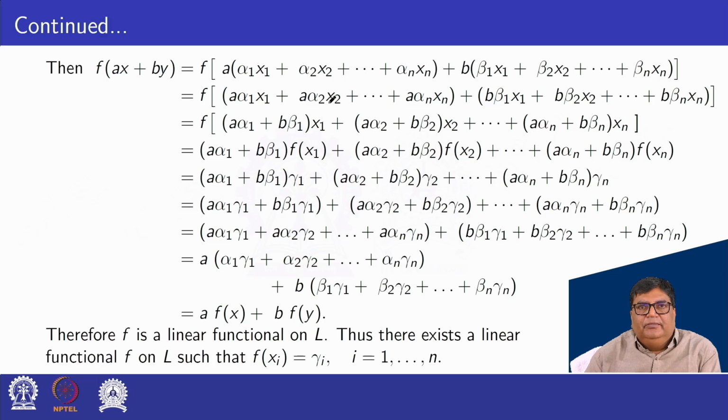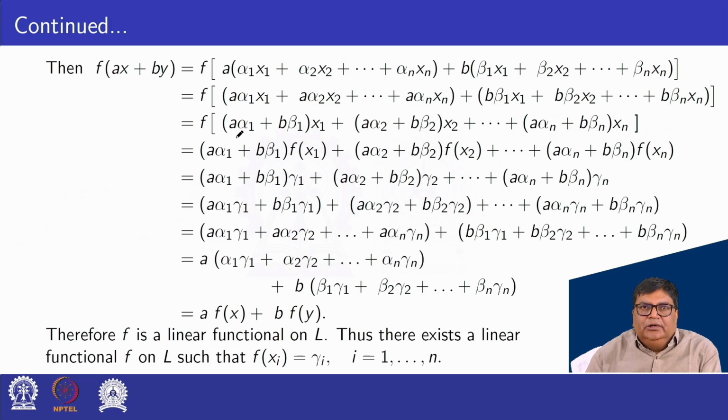Second term a alpha 2 x2, b beta 2 x2, so with common x2 we can write a alpha 2 plus b beta 2, times x2, plus and so on. Last term with common xn, this term plus this term can be written as this. So a alpha 1 plus b beta 1, a alpha 2 plus b beta 2, and so on, a alpha n plus b beta n are scalars.